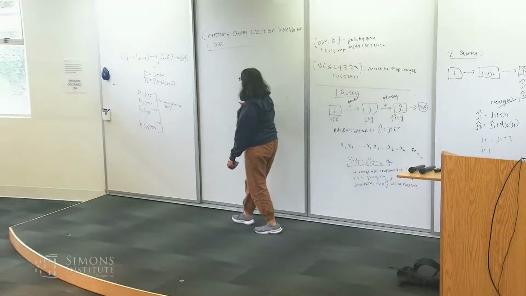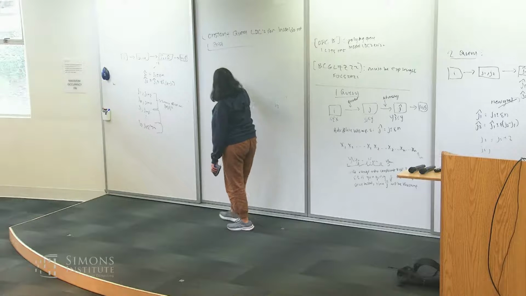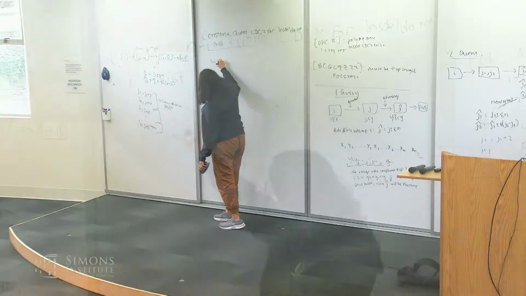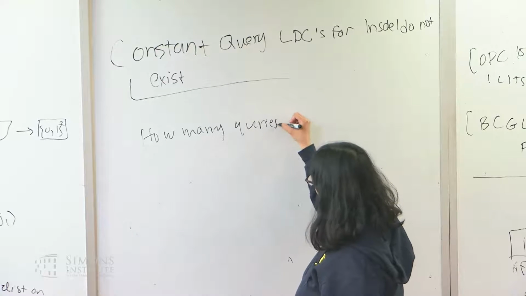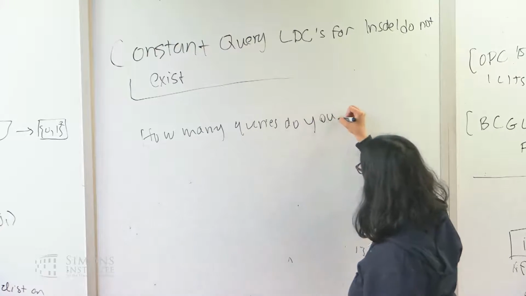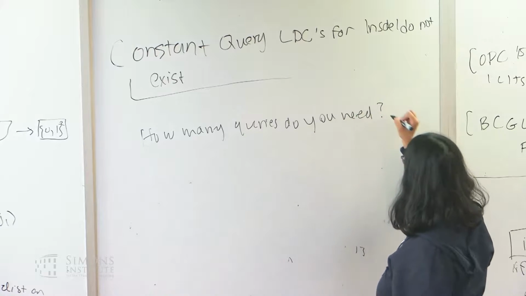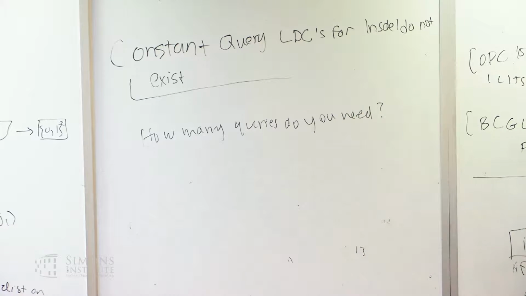I think one of the most interesting open questions is how many queries do you need? The work of OPC 15 showed that you can get polylog query insertion-deletion LDCs.